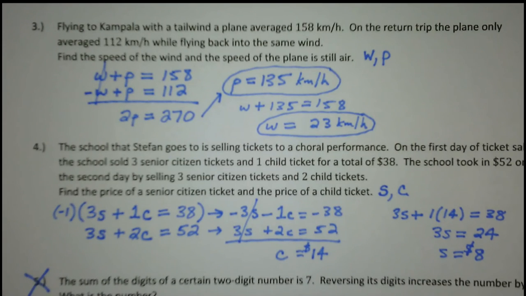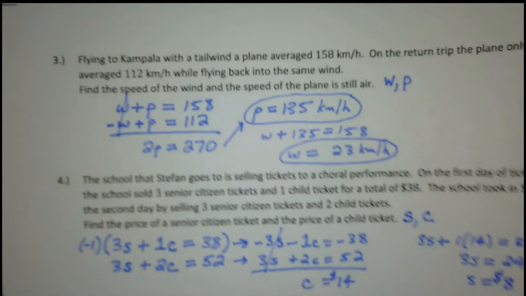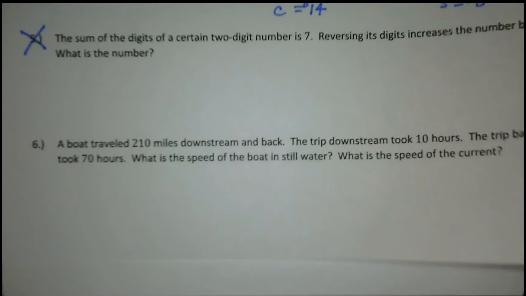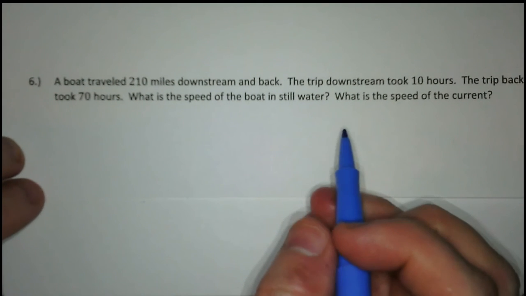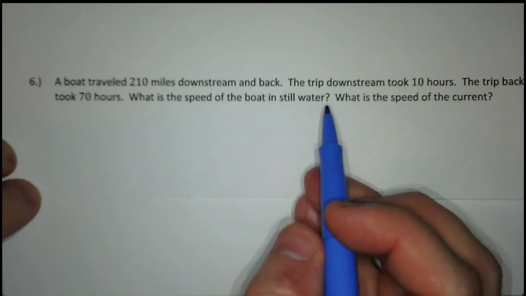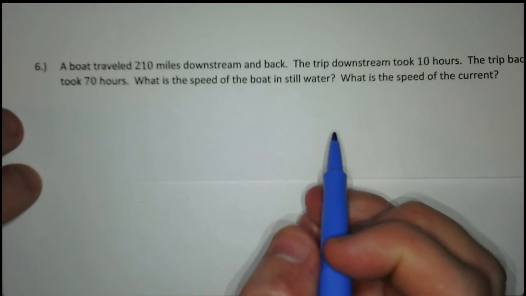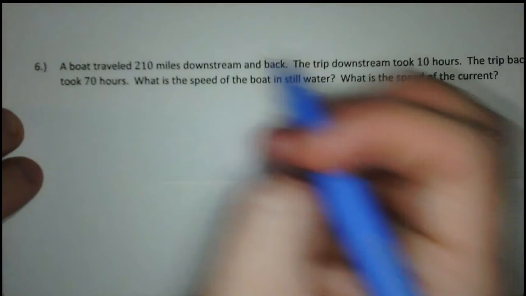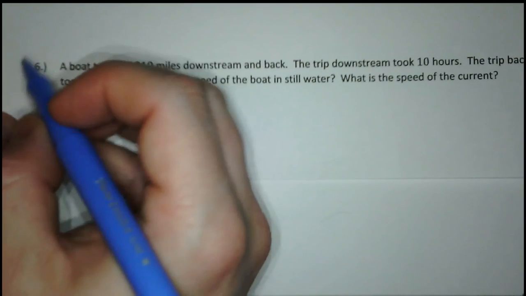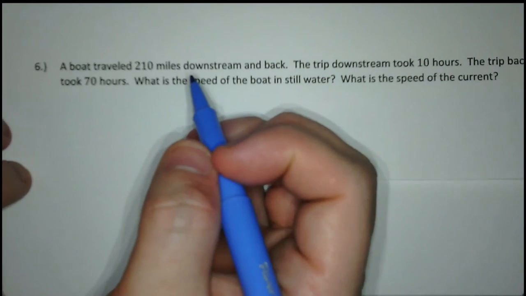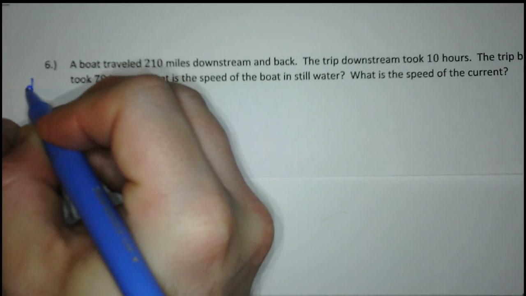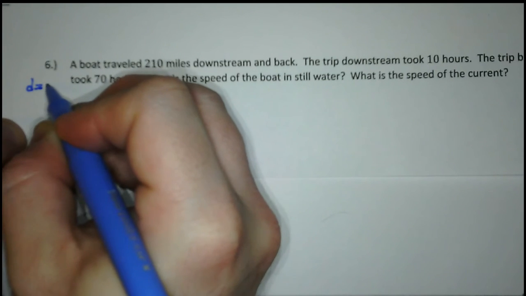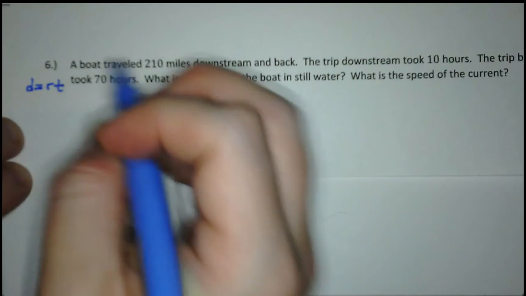Okay. So that was number 3. The other one I'm going to do for you is number 6. So number 6 is comparable to number 3, I guess. Something else you have to keep in mind with number 6, there's a little bit of an extra plot twist. You got to realize that distance equals rate times time.